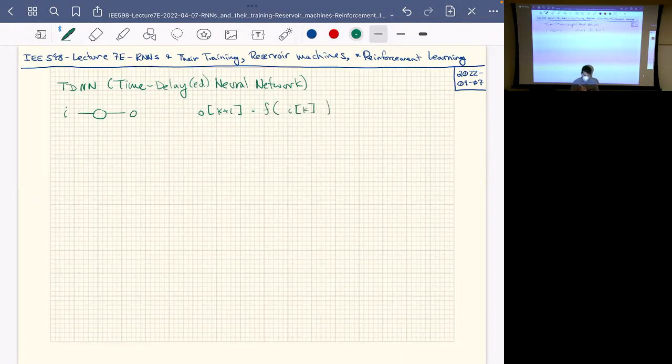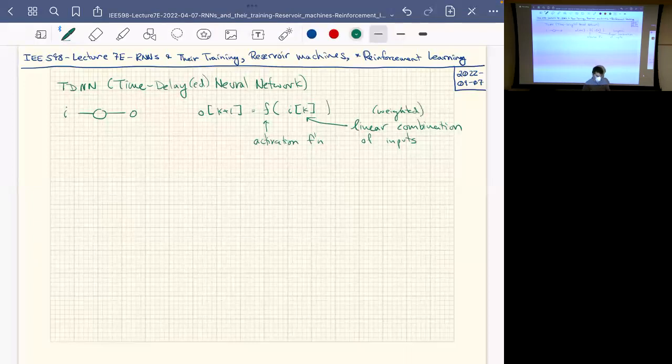You can think of this as an activation function, and you can also think of this as a linear combination of inputs, so a weighted combination.